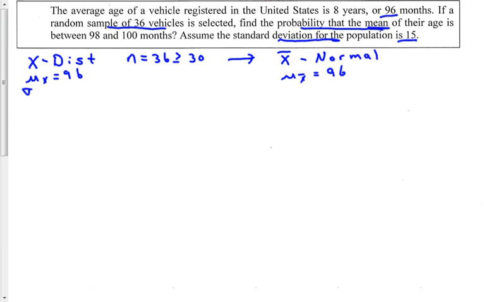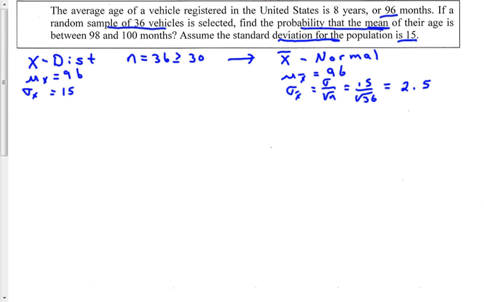It has a standard deviation, 15. Standard deviation of the sampling distribution is the standard deviation of x over square root of n, 15 over square root of 36, which is 2.5.